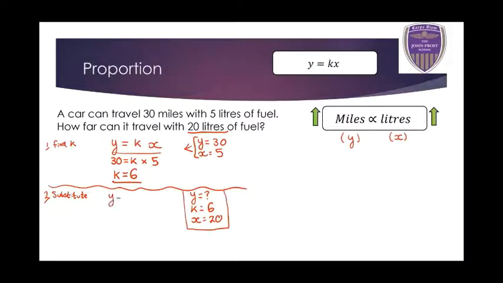And we're going to substitute them into this same formula again, the equation of proportionality. So what do we know? Well, we don't know y, so let's leave that blank. K we know is 6, and x we know is 20. So y equals 6 times 20, therefore y is equal to 120. What does this mean?